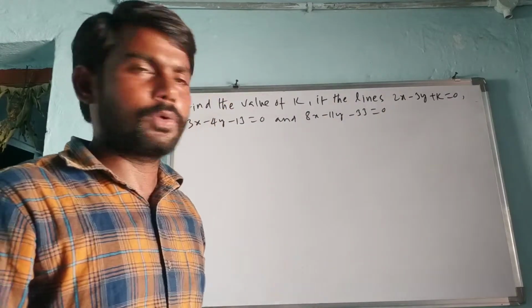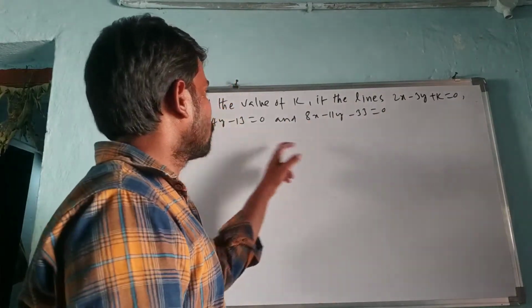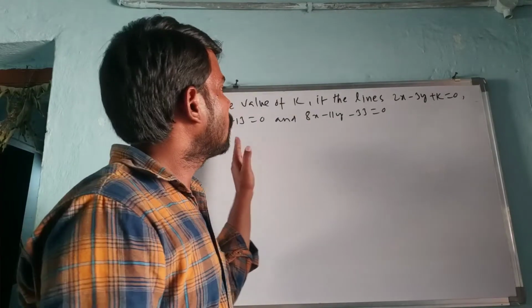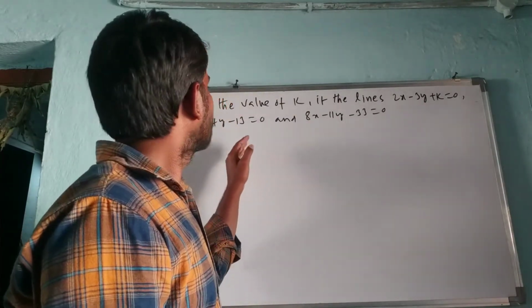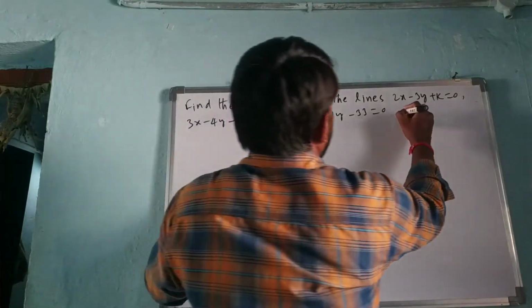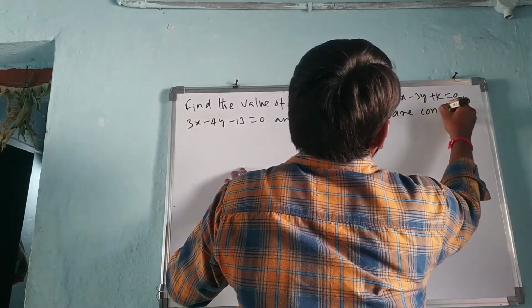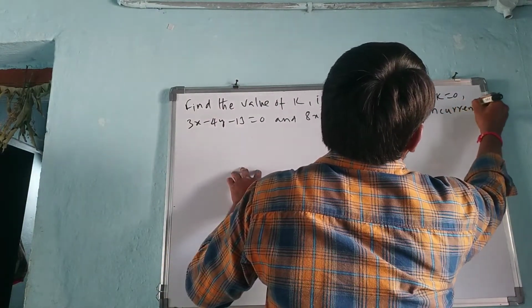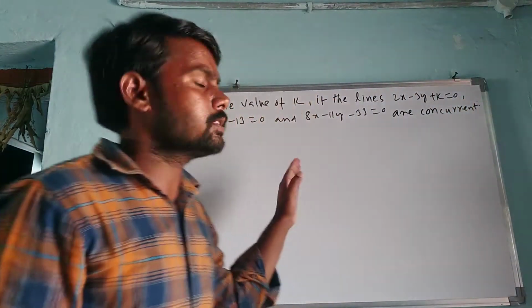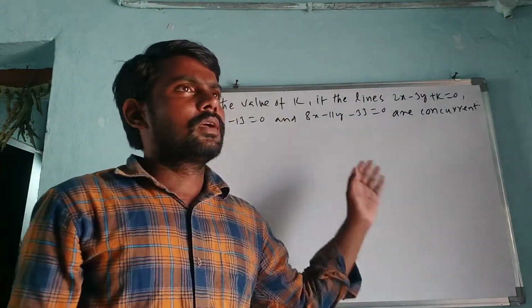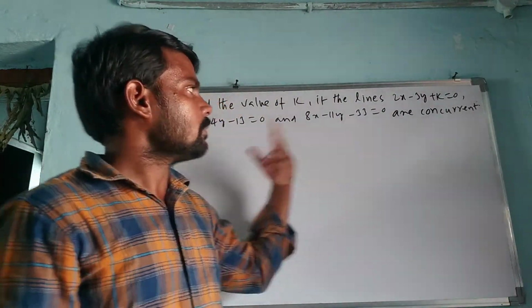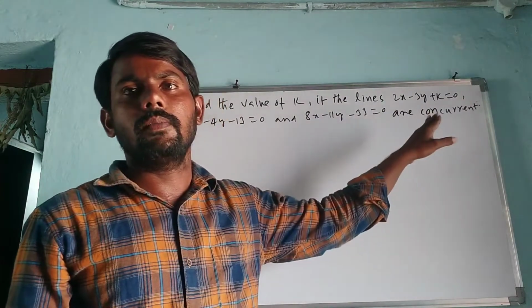You see, here from the question clearly three lines are given, and it is said that the lines are concurrent. Concurrent is nothing but they have only one common point.